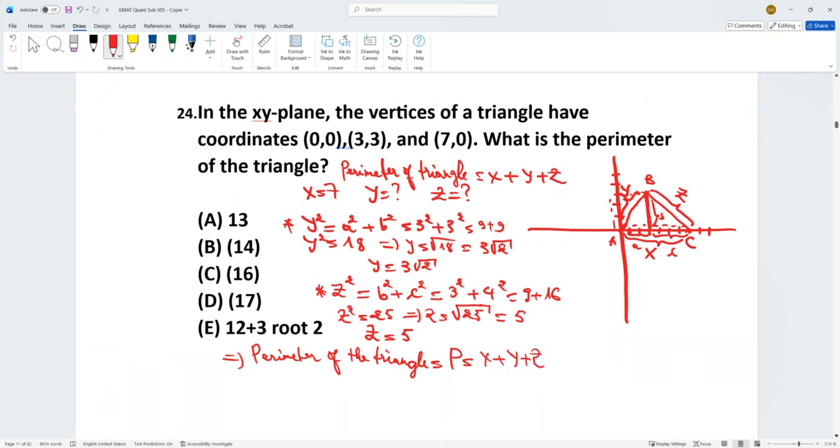And then we know x is 7 here. We know y is 3 square root of 2, plus z is equal to 5. And this will give us 7 plus 5 here is 12, plus 3 square root of 2. Now we have the value of the perimeter.